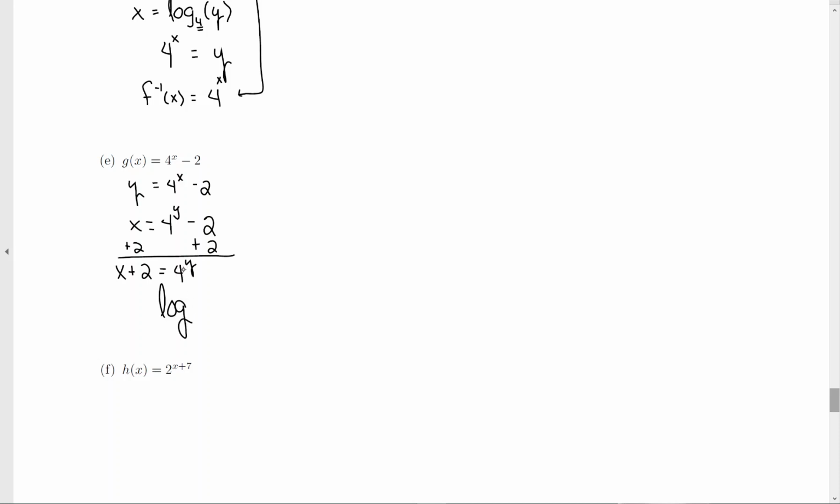So log base 4 of something equals the power. The power happens to be y. And what goes in for the argument is x plus 2. You have y already solved for, so that is your inverse. G inverse of x equals log base 4 of x plus 2.